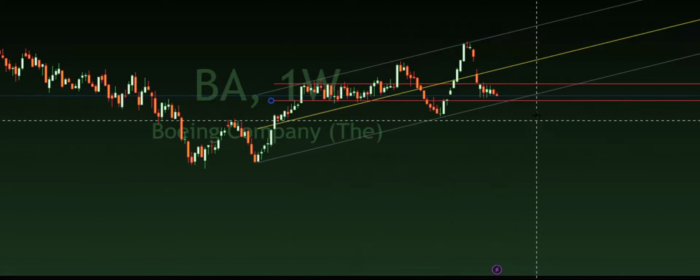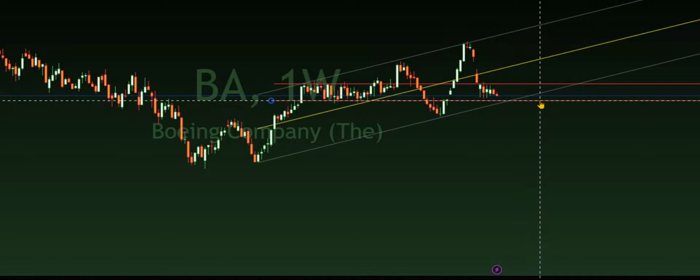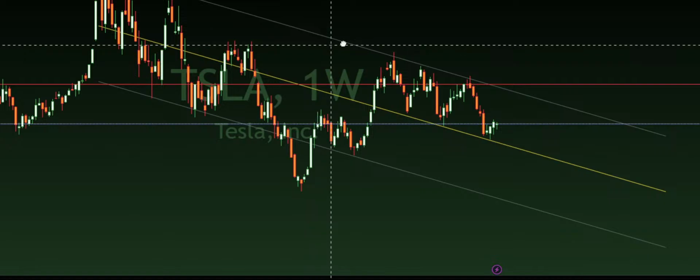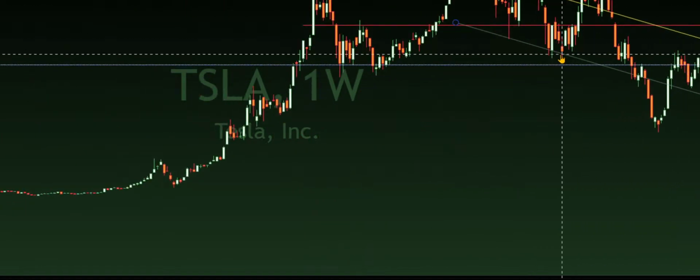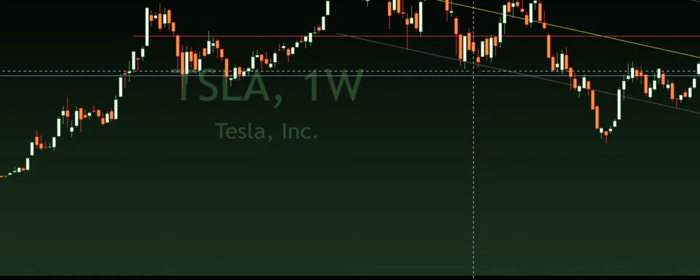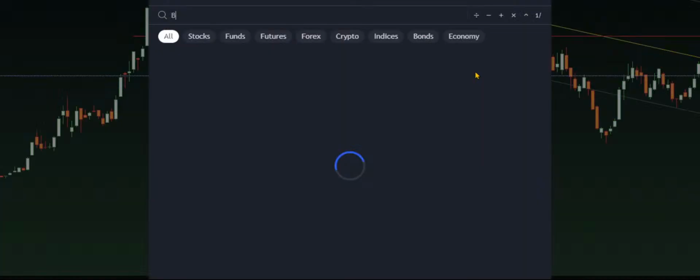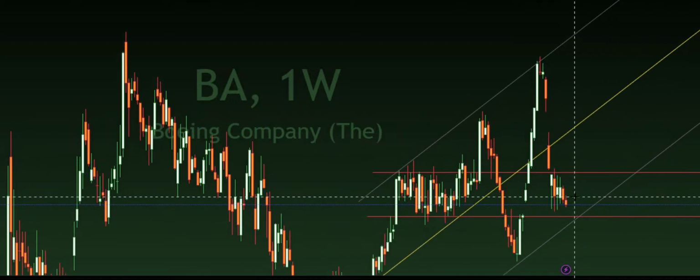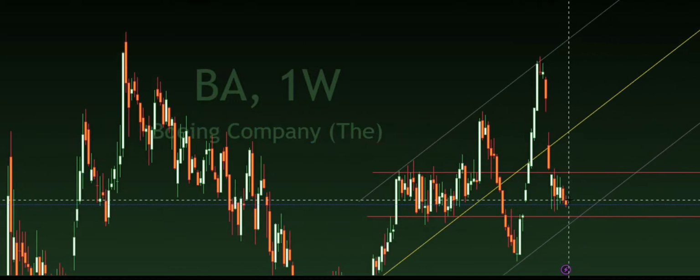I'm not looking for the break. I play the channels till the channel gives me, or the channel is done. And typically, even if it is going to break, it's still going to bounce, right? So not every trade, if it's a bad stock or a stock that's not meant to go back up, but I'm still going to take that bounce. So for BA's sake, if it dips down into this floor, I'm going to take that bounce.